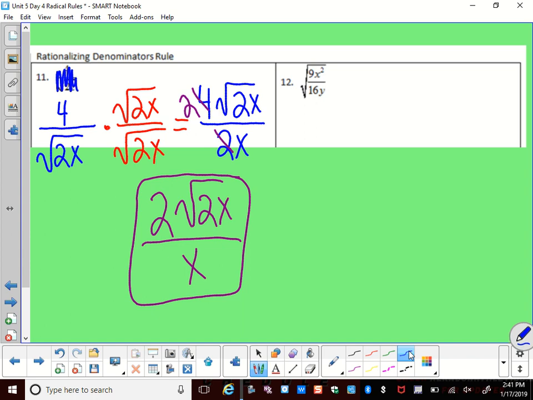All right, last one. Let's see if it reduces evenly. What is 9 divided by 16? Do we get a clean fraction? We should not. So let's go ahead and separate this into 2: the square root of 9x squared divided by the square root of 16y. All I did so far was just separate them.